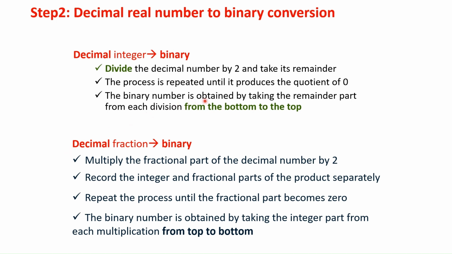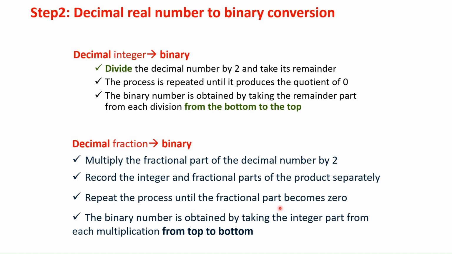And this is called the division method. And for the multiplication, for the fraction part, from decimal fraction to binary fraction, we will multiply the fractional part of the decimal number by 2. Record the integer and fraction parts of the product separately. Repeat the process until the fraction part becomes 0.